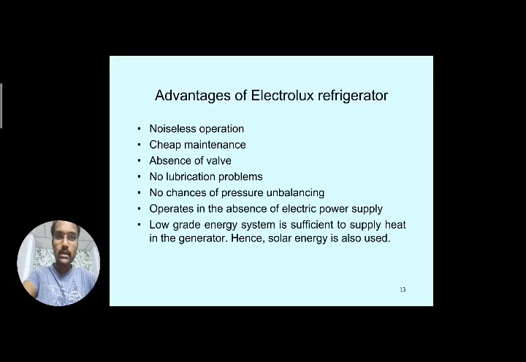Solar panels can be placed here, or solar energy in terms of different applications where heat is generated. So for low grade energy systems, we just have to supply some heat to heat the solution, so it is a very low cost.